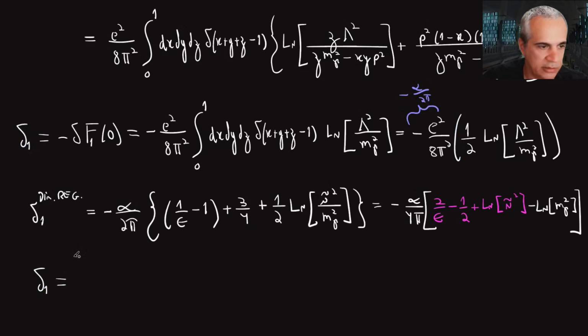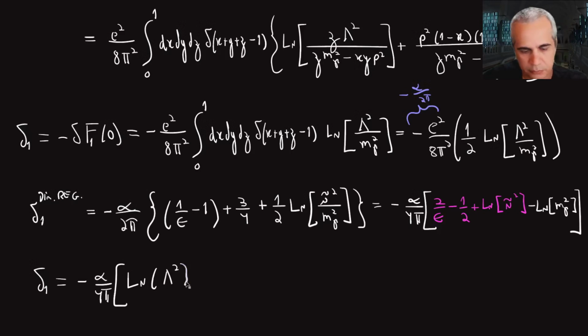I just got minus alpha over 4 pi here, times the log of lambda square minus the log of m gamma square.